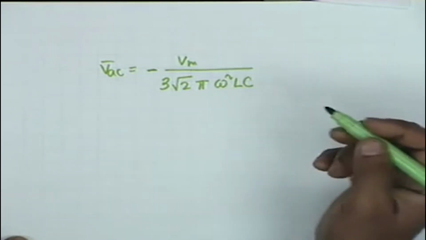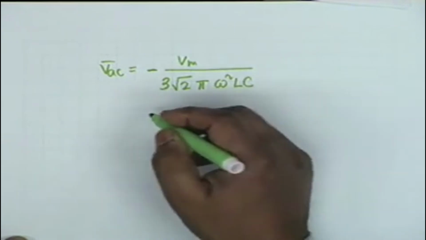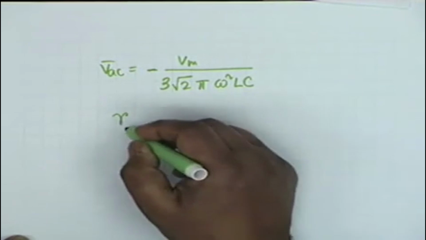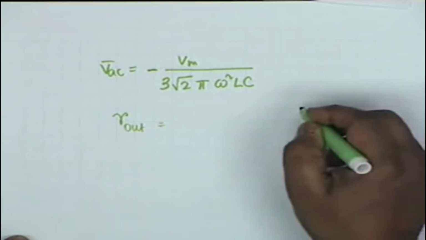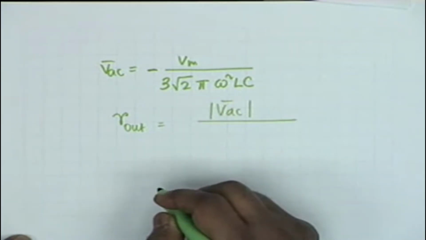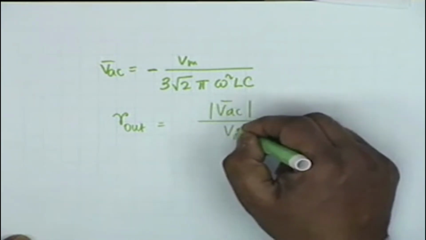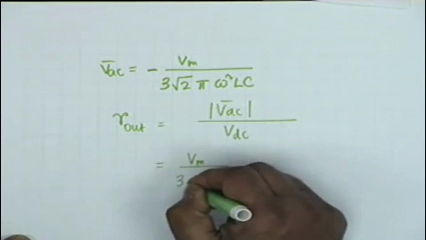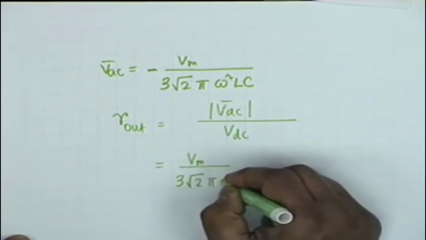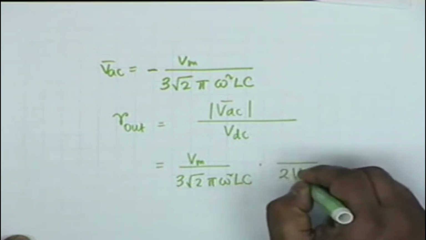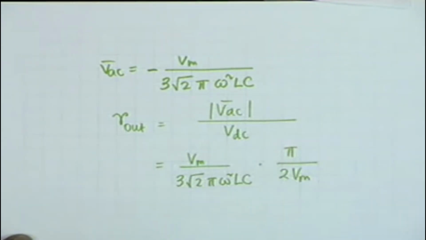Therefore, the ripple factor at the output, which is VAC magnitude divided by VDC, would be equal to Vm divided by 3 root 2 pi omega squared LC, divided by VDC, which is twice Vm over pi.